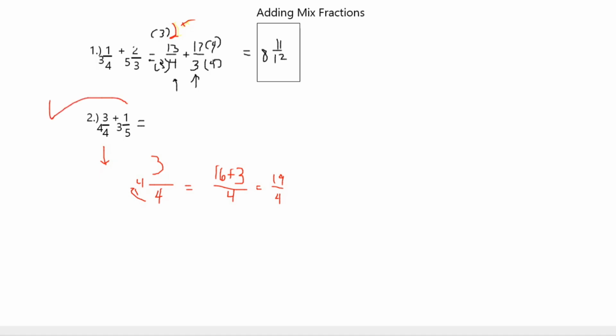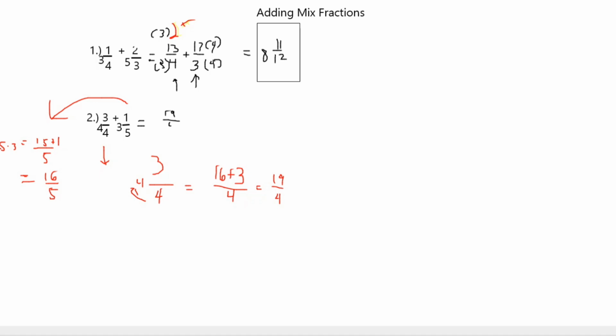So we transformed it. Now let's transform the second mixed fraction into its fraction form. So we have 5 times 3 plus 1, then over 5. 15 plus 1 is 16 over 5. So there you have it.